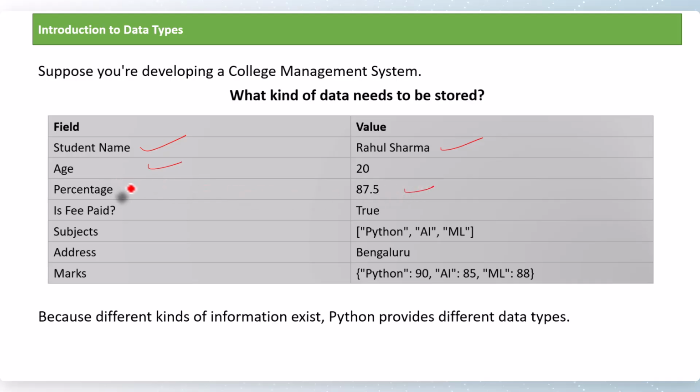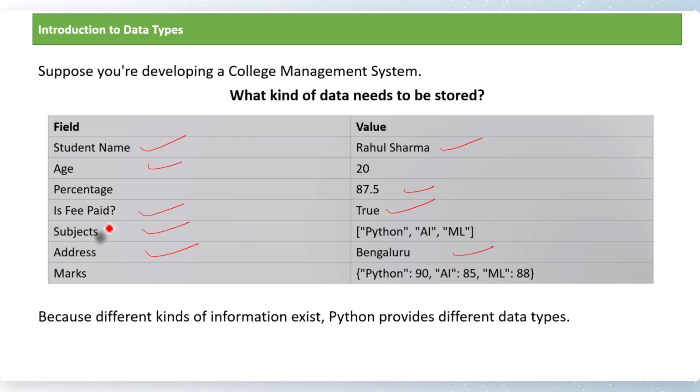Then percentage 87.5. Whether he paid the fee or not, it can be either true or false. What are the subjects he enrolled, like Python, AI, ML? A list of subjects are there. Address Bangalore, including some house number, street, village, city, etc.